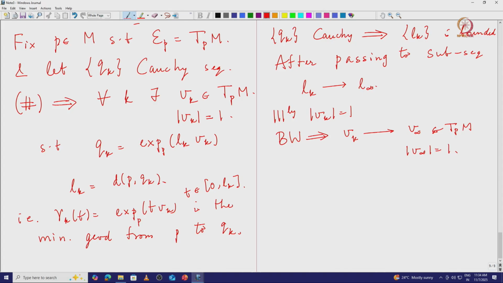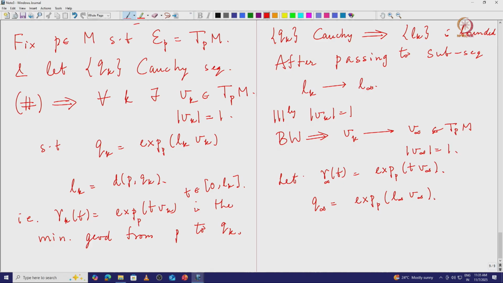Okay, now consider the following. Let gamma infinity of t be simply the exponential of t v infinity, and let q infinity be equal to the image at L infinity.